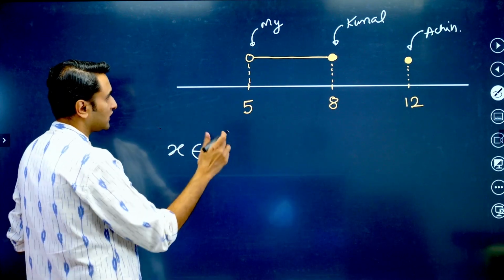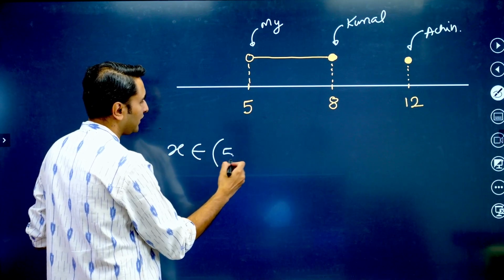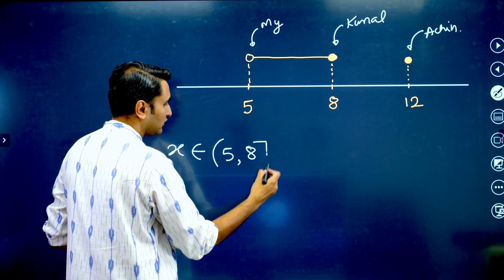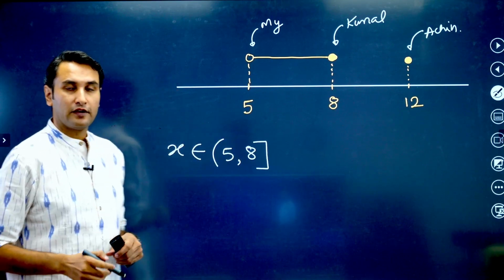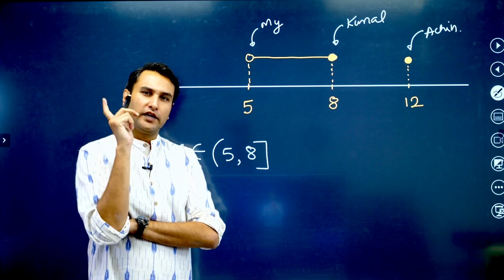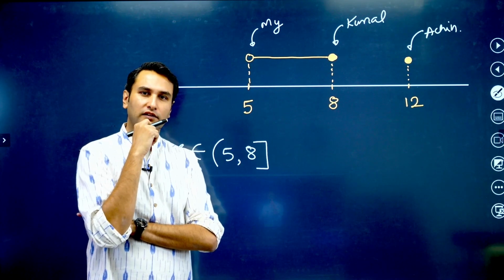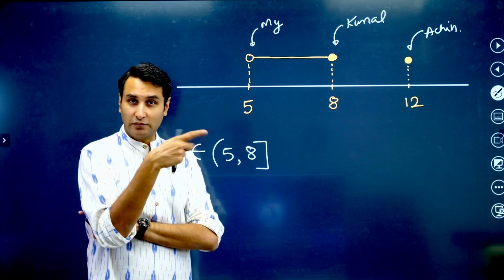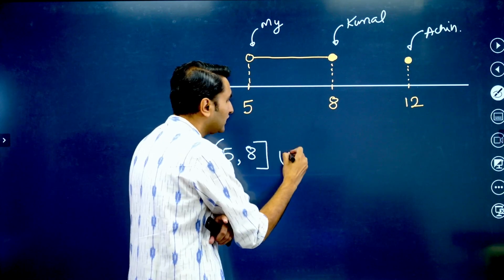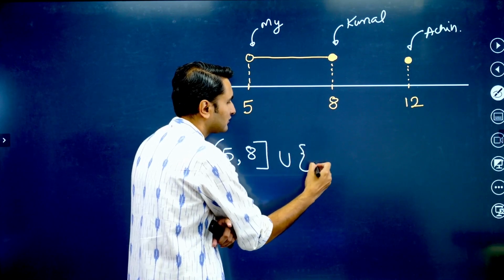Now I have to search everywhere outside my house, walking till Kunal's house, including Kunal's house, and then I realize, oh, it might be in Achin's house as well. Not in between, but maybe inside Achin's house. So only Achin's house.